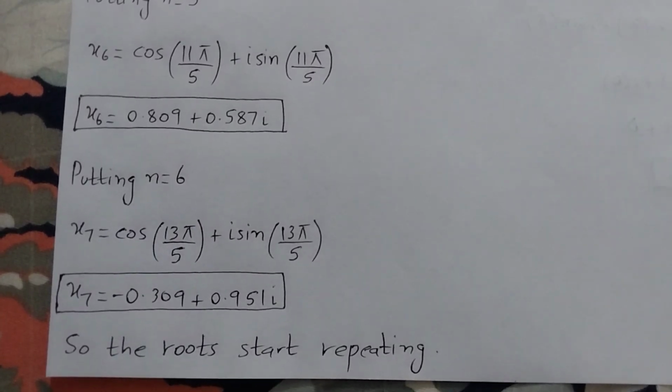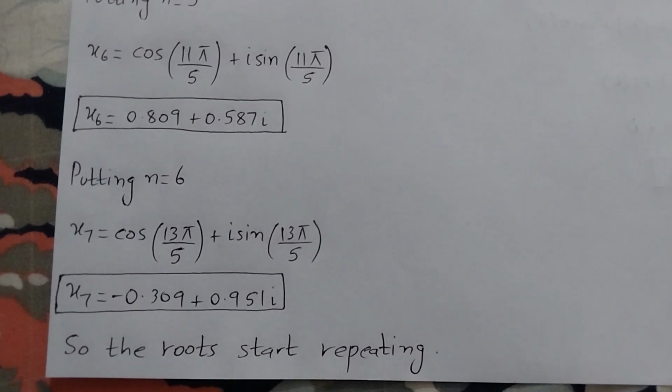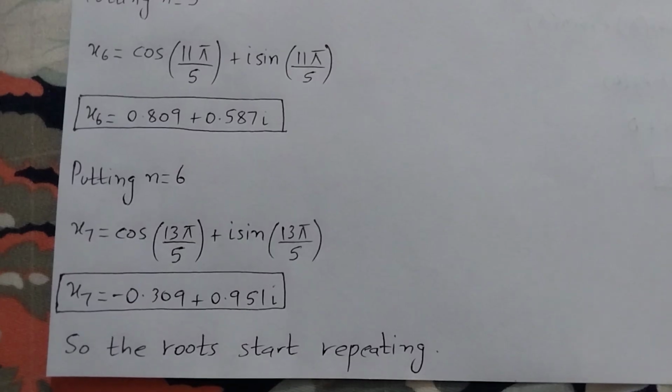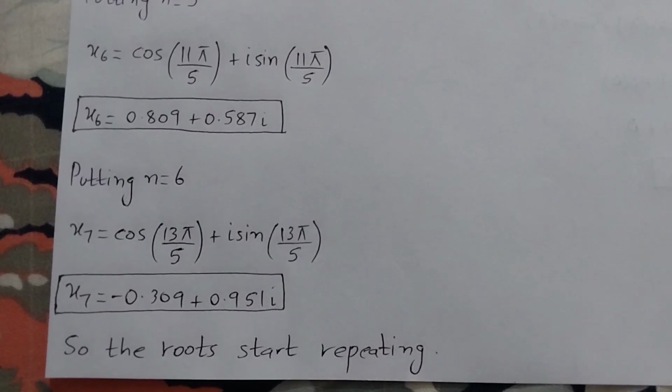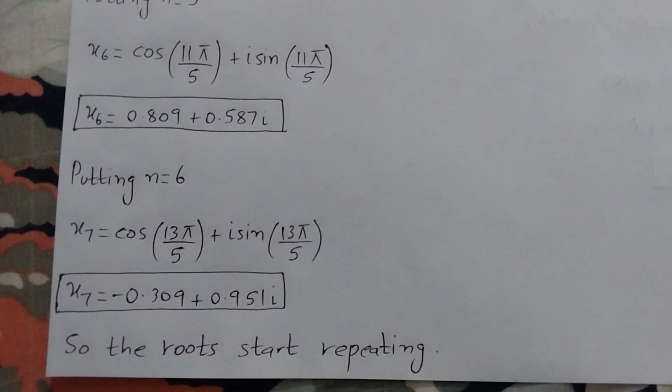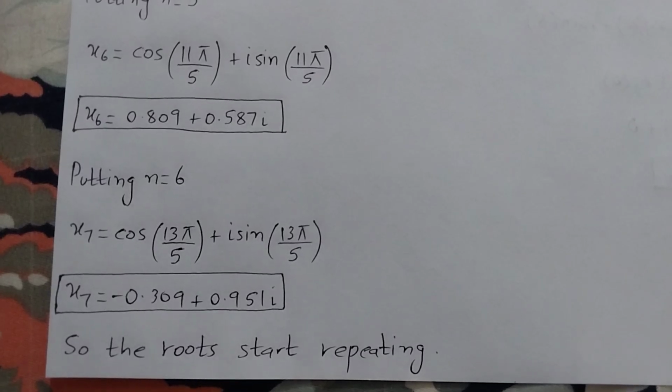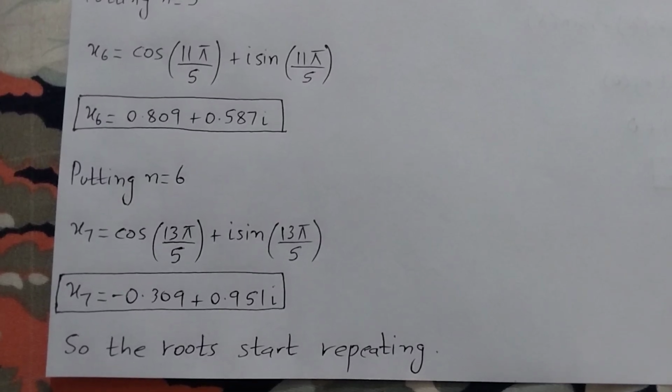But actually there are two more things I need to tell you. Firstly, the complex numbers which are roots of an equation are always in pairs of complex conjugates whenever the coefficients of our equation are real.